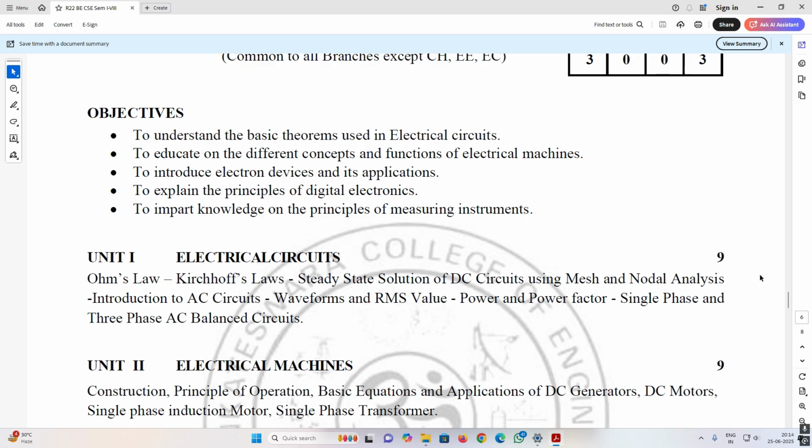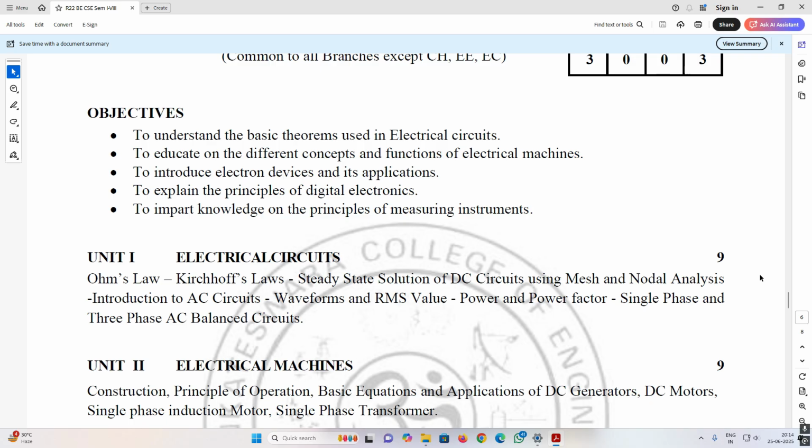So the various topics in this unit are Ohm's law. We have already seen a basic introduction of Ohm's law, and Kirchhoff's laws, steady state solution of DC circuits using mesh and nodal analysis, introduction to AC circuits, waveforms and RMS value, power and power factor.